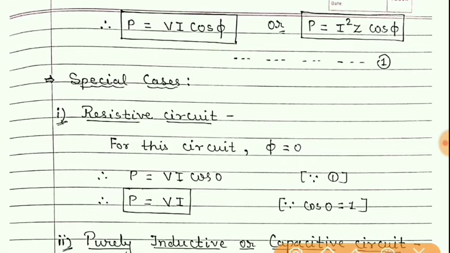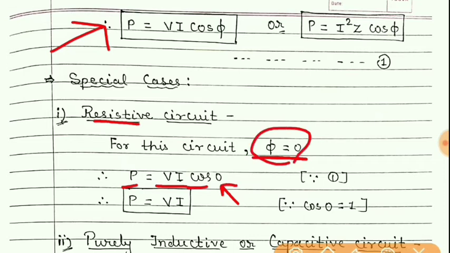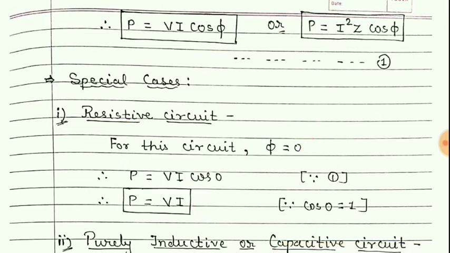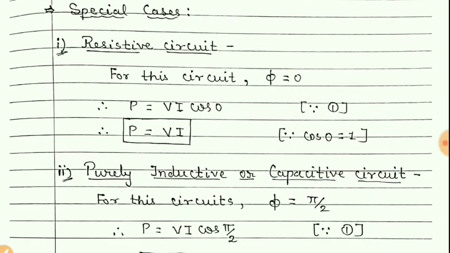We know that when only resistor is connected to the circuit, phase difference between V and I is 0. So using this formula, P is equal to Vi cos 0, because phi is 0, and we know that cos 0 is equal to 1. So we get power P is equal to V into I. So in a resistive circuit, maximum power is dissipated.